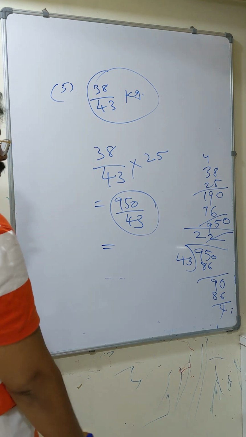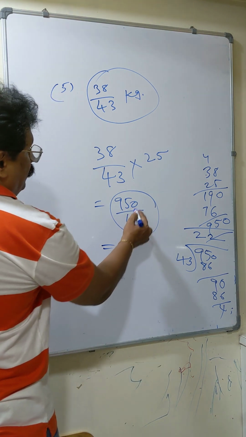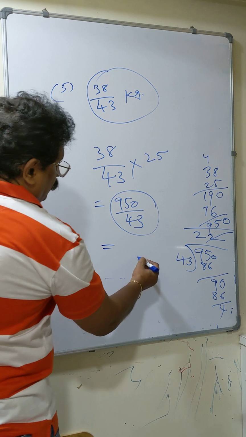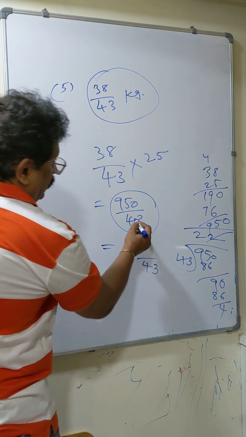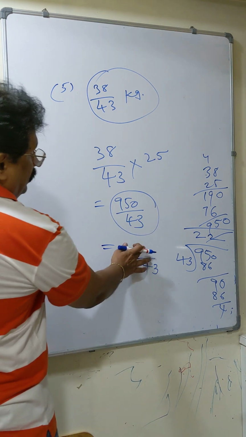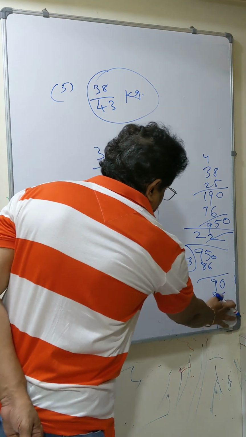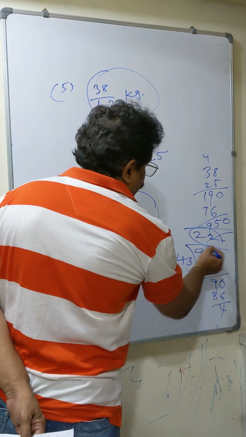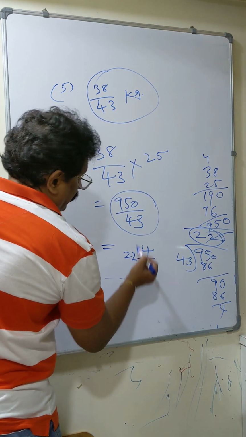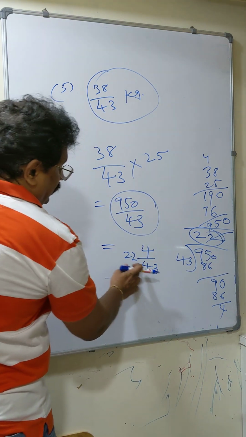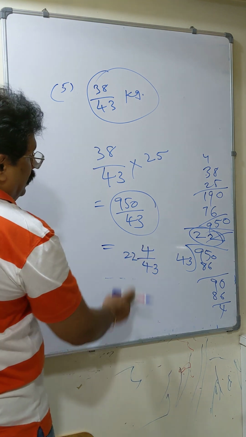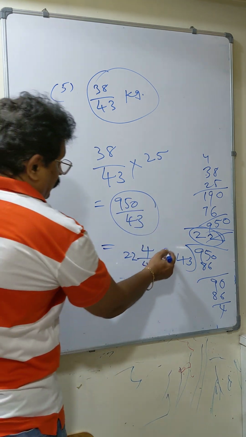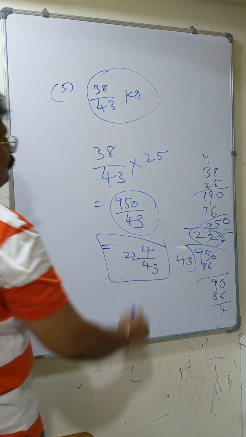So your answer will be, see, 950/43 को इम्प्रॉपर बनाना है तो 43 तो लिखेगा ही लिखेगा डिनोमिनेटर में. न्यूमरेटर में सबसे नीचे जो आता है रिमाइंडर, नीचे वाला ऊपर जाएगा, and answer 22 will come here. ठीक है, so 43 into 22 plus 4 is 950/43. So this is your answer.